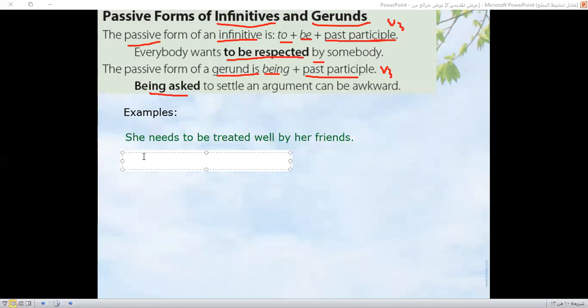Okay, another example. Being, we can say being a teacher is a nice thing. Being a teacher is a nice thing. Oh no, this is another thing. I have to use the past participle, so I'm going to change it. Being what? Let's use a verb.